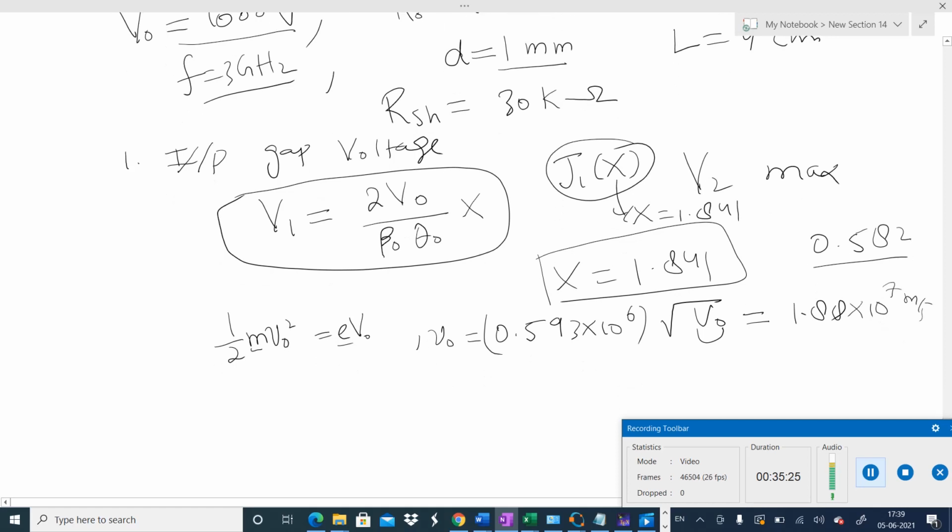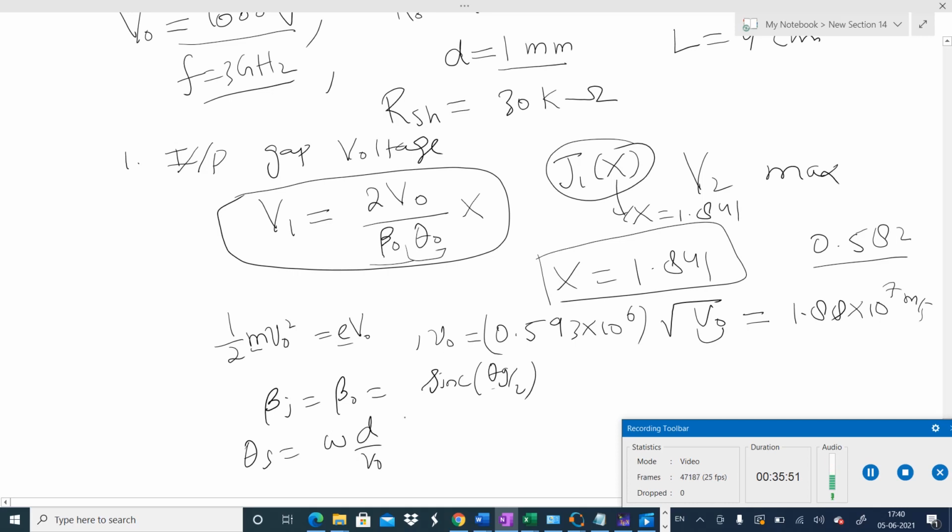Why do we need this? Because we need to compute theta naught and beta naught. For computing beta, recall that beta i, which is the same here as beta naught, is given by sinc of theta g by 2. So we need to compute theta g. Theta g is omega d by V naught. d is given, omega is given, and we found V naught.